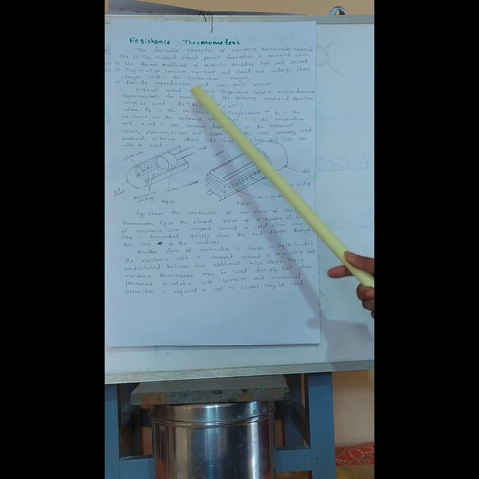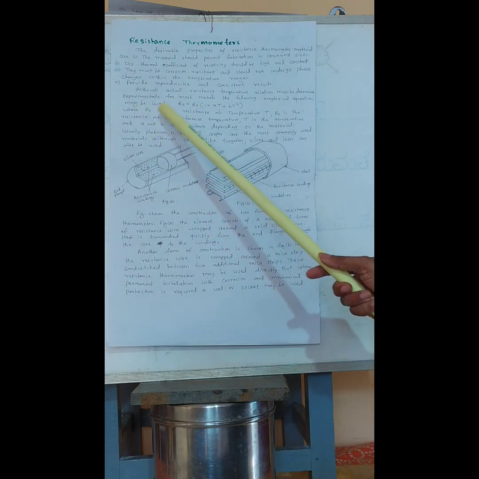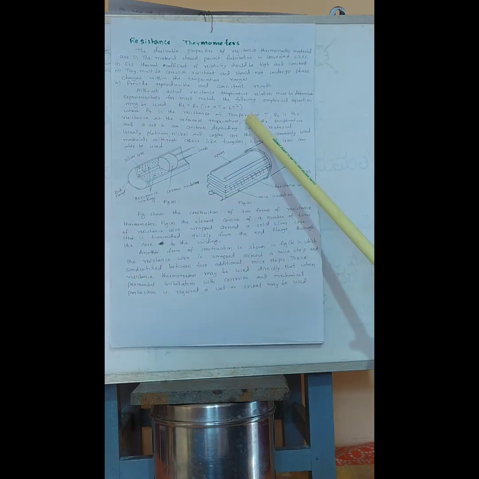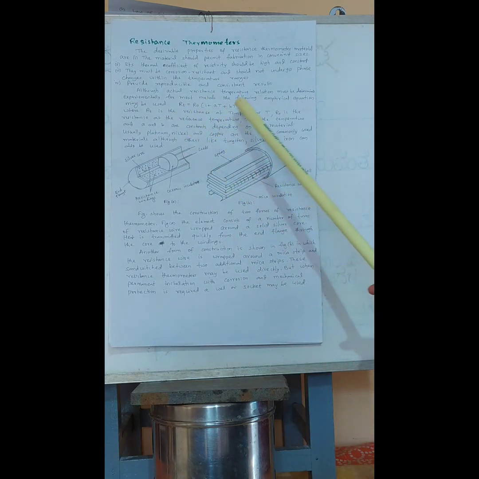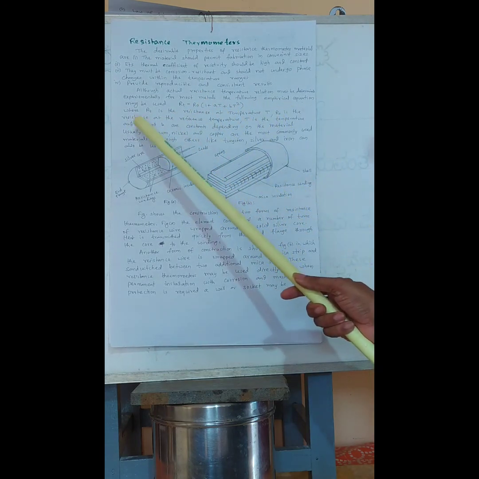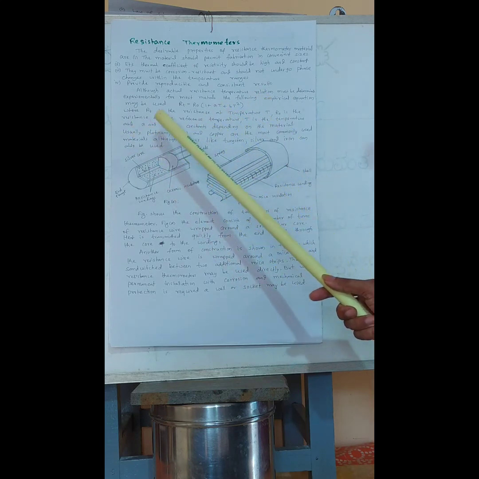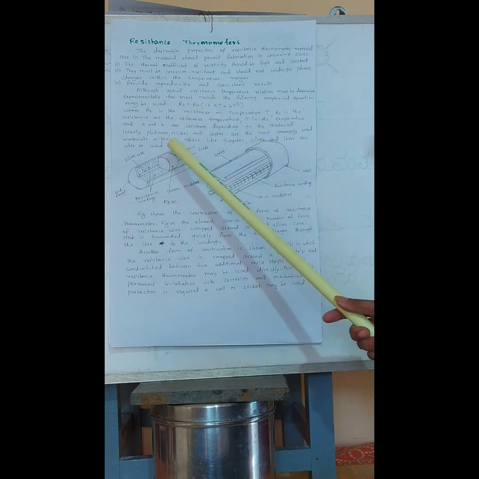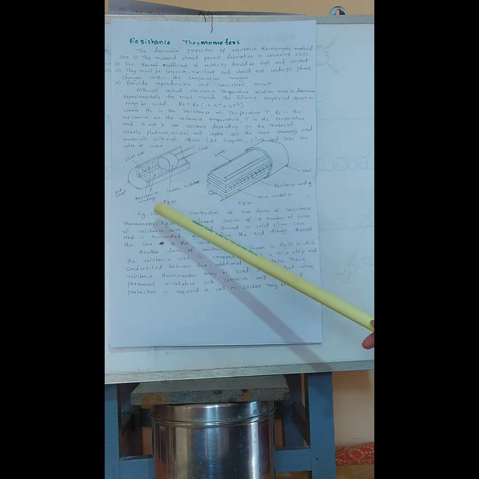This is an empirical equation that can be used for calculating the resistance of the material, where RT is the resistance at temperature T, R0 is the resistance at the reference temperature, T is the temperature, and A and B are constants depending on the materials. Usually platinum, nickel and copper are the most commonly used materials, although others like tungsten, silver and iron can also be used.